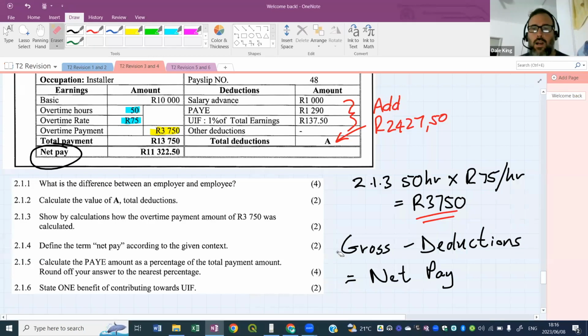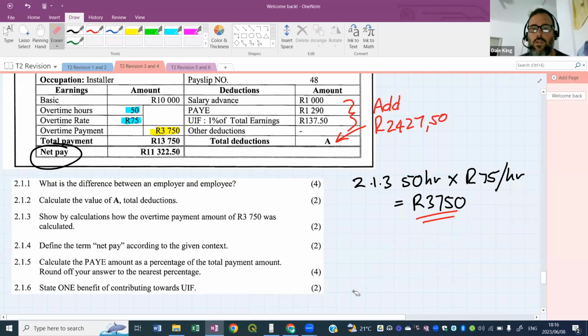I'm going to rub that one out so we can see the next question's calculations. All right, we're on 215. Calculate the PAYE amount as a percentage. So the PAYE amount, where is that? That is up here, 1,290. Calculate that as a percentage.